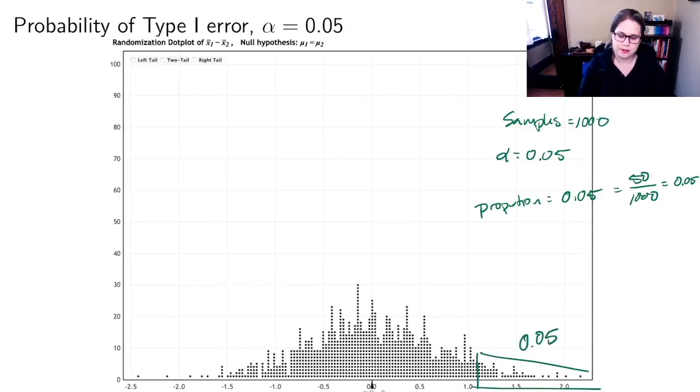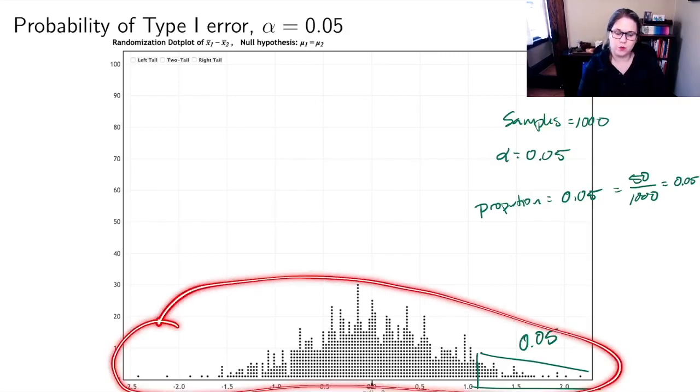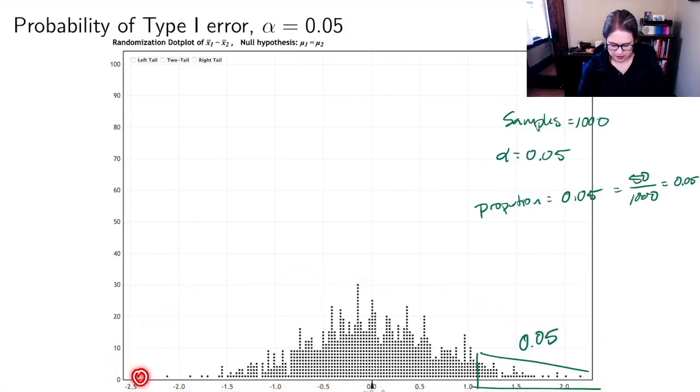But this randomization dot plot, these are all things that actually happened when the null was true. The things out in the tails, they were very rare, but they actually did happen. So by setting our alpha level of 0.05, we're saying that in all of these times, we're going to be making a type 1 error. But if we set that 0.05, we're just saying we're willing to make an error in that direction 5% of the time.